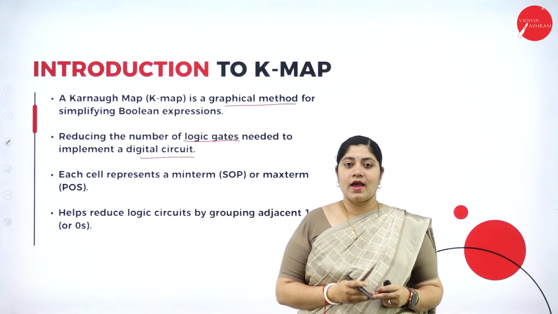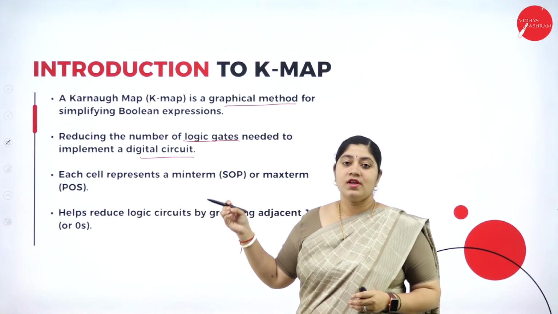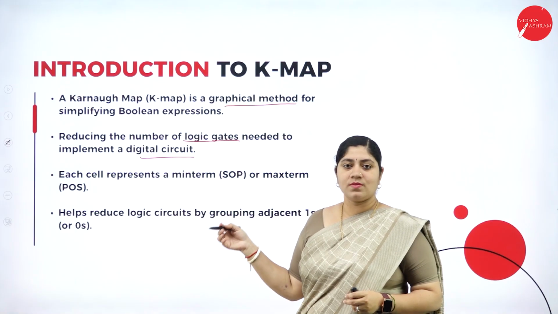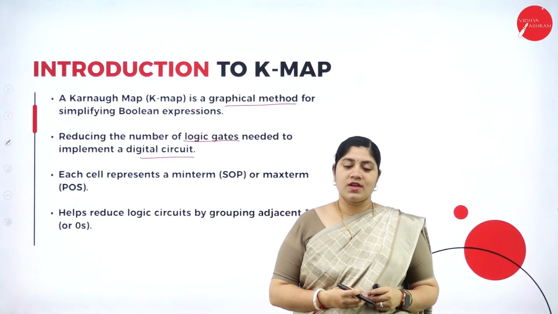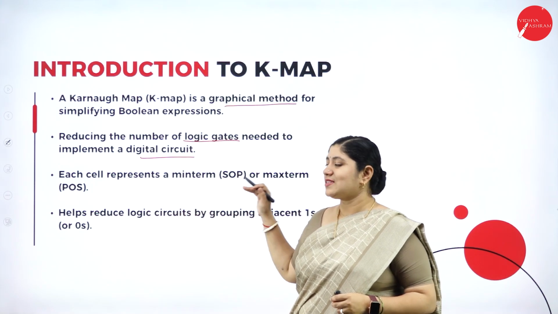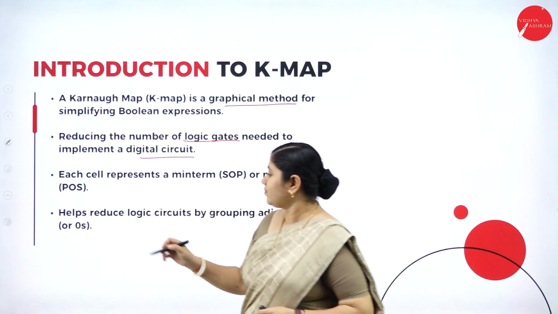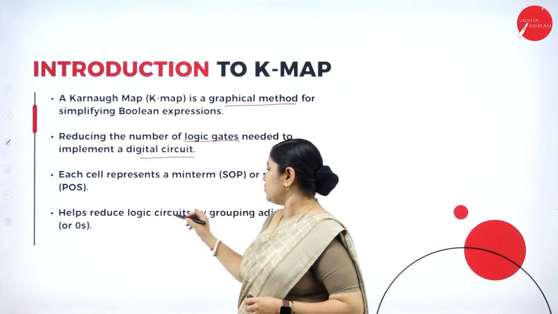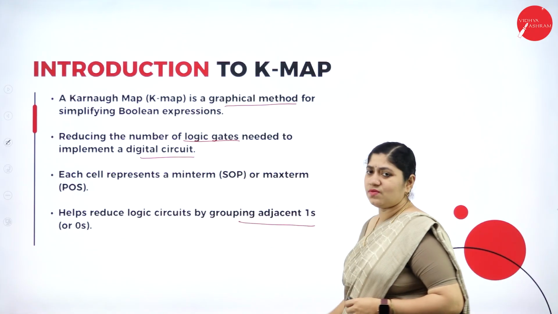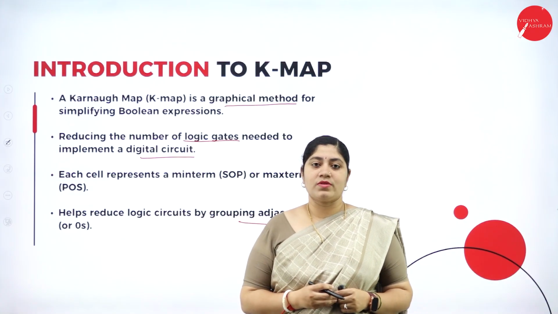Also, we have min terms and max terms. Under SOP, we call the terms min terms, and with respect to POS, we call the terms max terms. And finally, it helps in reducing circuits by grouping adjacent ones as well as zeros. So this is all about the K-map.